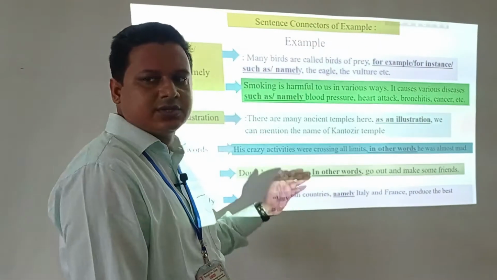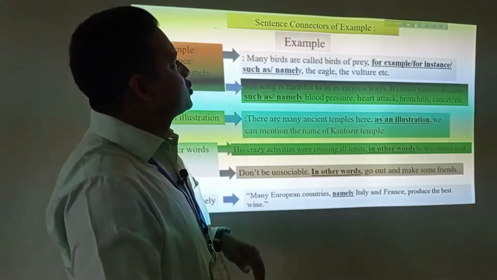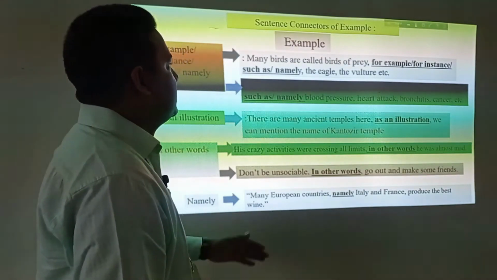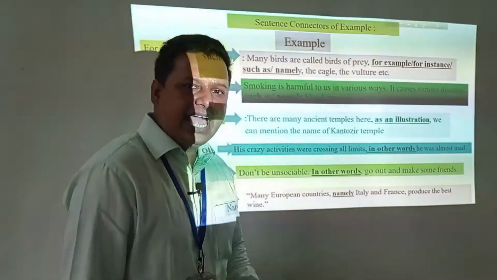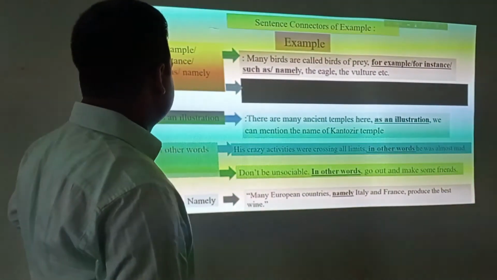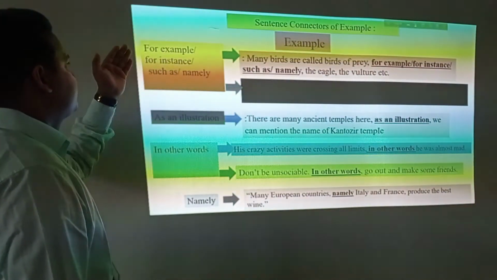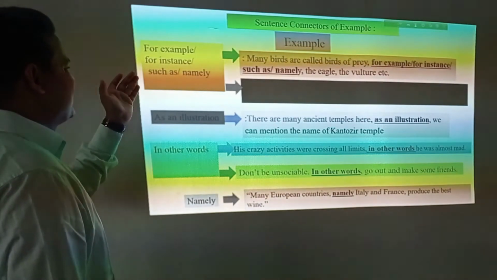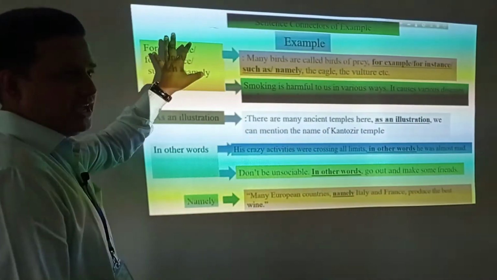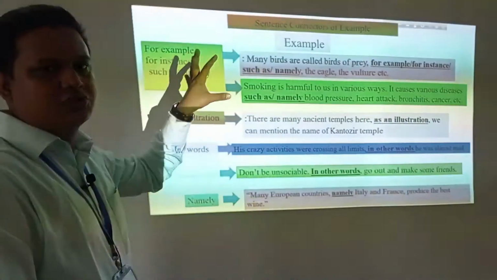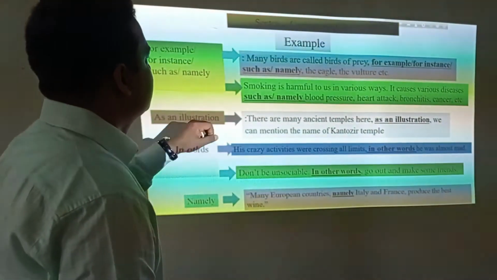So dear students, examples of sentence connectors of example. Let us see examples. For example, for instance, such as, namely, you can use any one of them when you go to give an example.